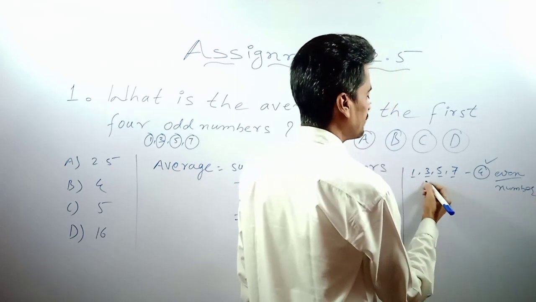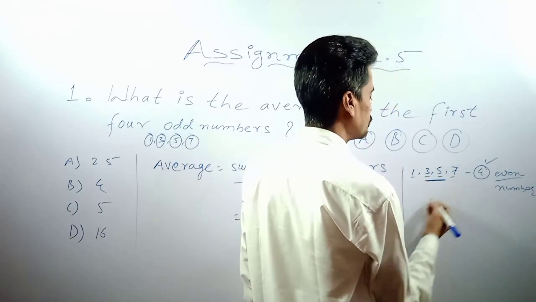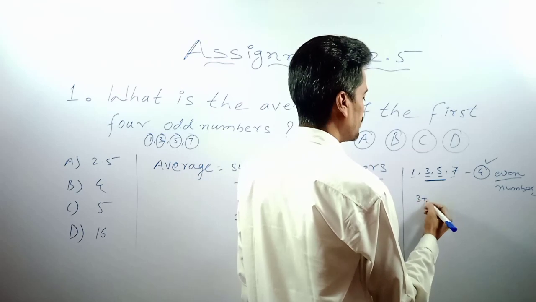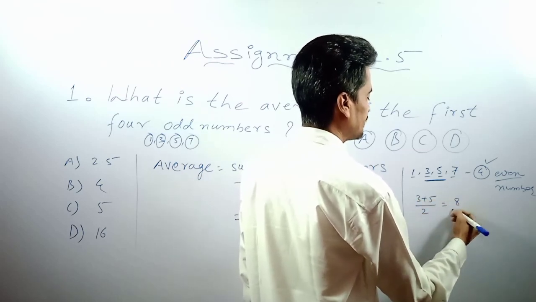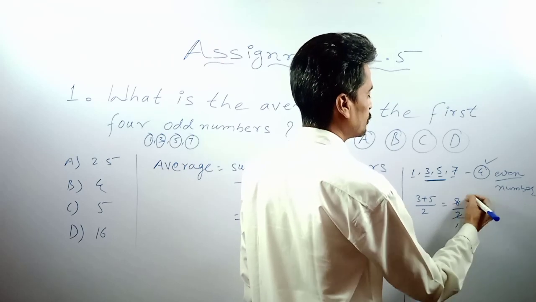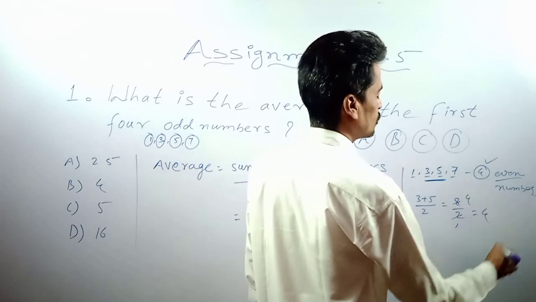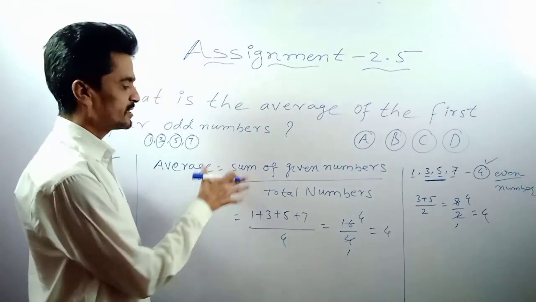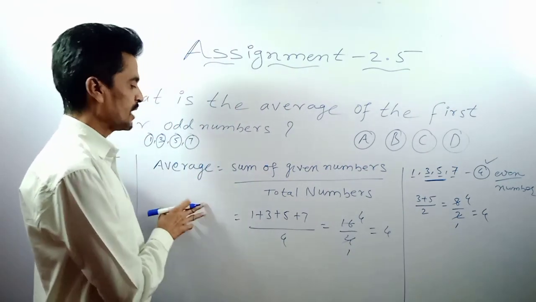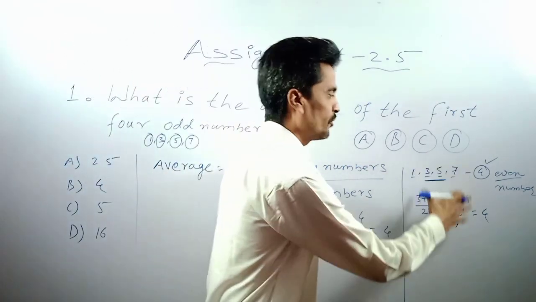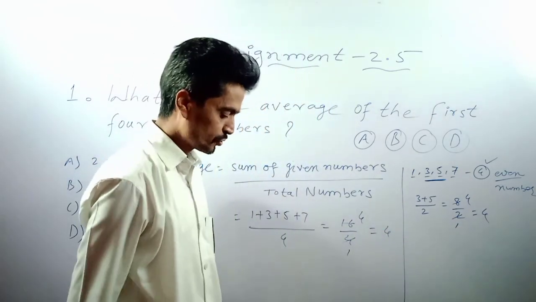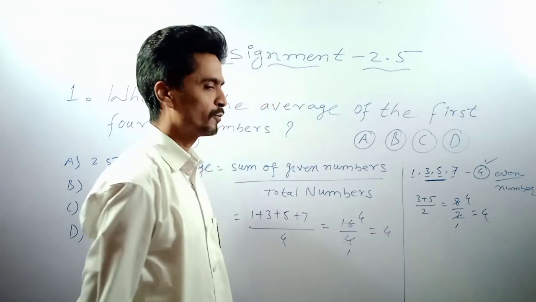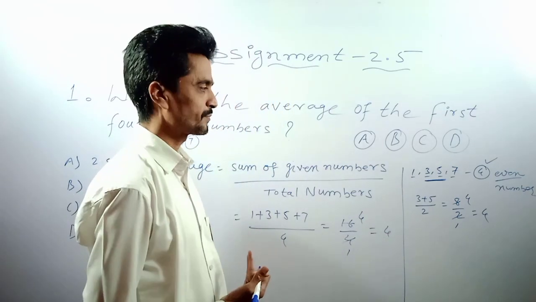So average will be the sum of the middle 2 upon 2. So 3 plus 5 upon 2. So 8 upon 2. 2 4s are 8. Here also it is 4. So this is a formula to find out the average. And this is also a formula to find out average. It is a shortcut formula, so it is useful. This is also useful. We need to know both.